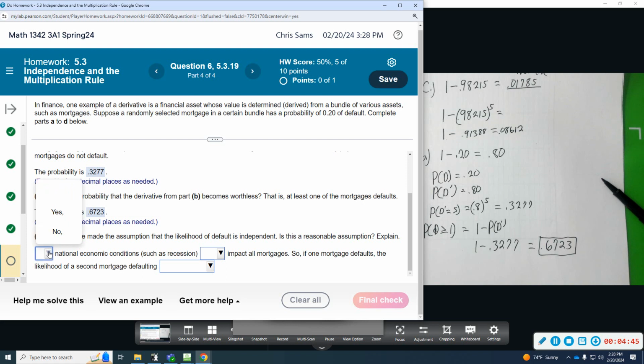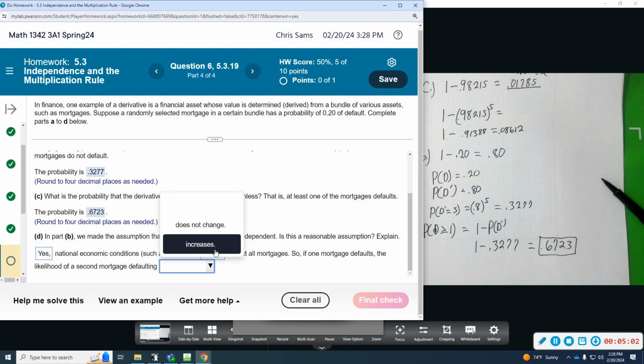So yes, national economic conditions such as recession will impact all mortgages. So if one mortgage defaults, the likelihood of a second default increases.